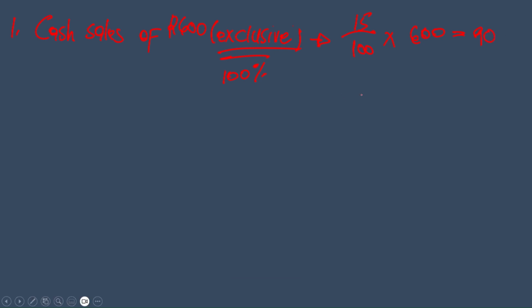Then if we are looking for the inclusive amount, the unknown would be inclusive, 115, divided by the known, which is 100%. Then you multiply it by 600.